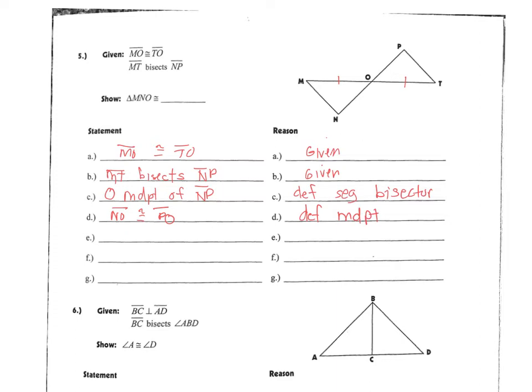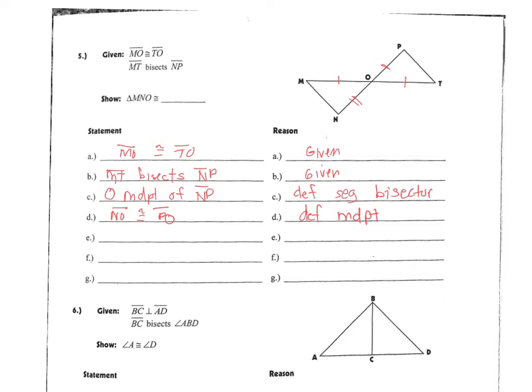And so I'm going to mark that off, that we have segment NO congruent to segment PO. And then I think, well, is there anything else from this given information that I can draw any statements and reasons from? And at this point, I think that I've exhausted all of that.